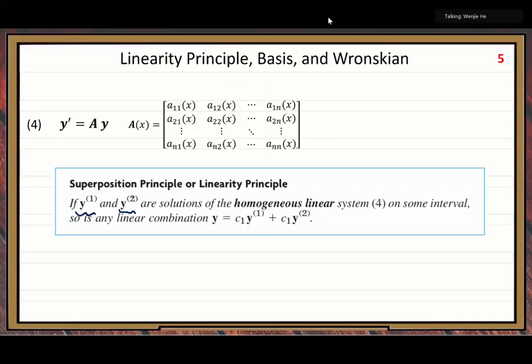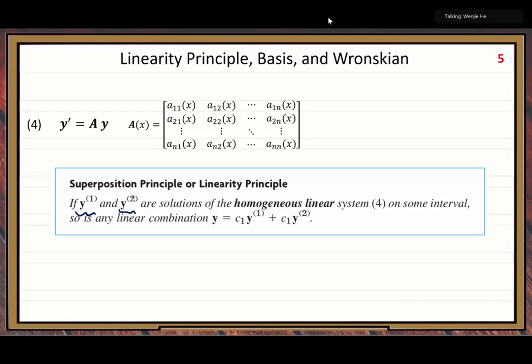We need to use the context to help us separate which one is a derivative and which is not. Because in this topic, for the derivative we use only the prime, only the first-order derivative. We will not use higher-order derivatives. So we don't need to worry about confusion with the derivative.